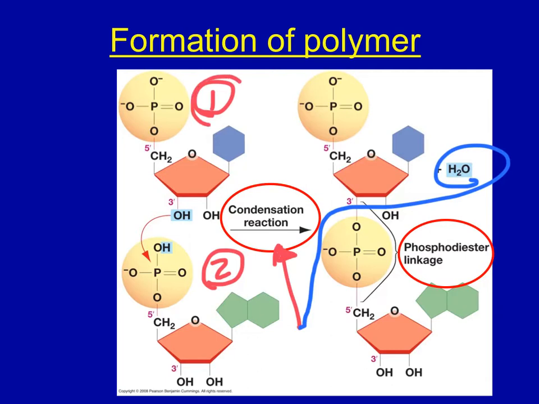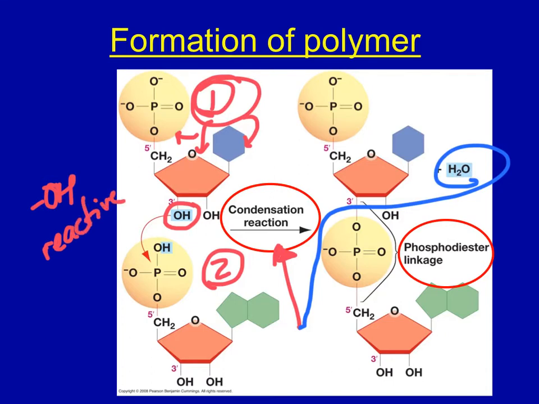So here's the first nucleotide. You see the base, the sugar, the phosphate, and on the 3' position you have a hydroxyl group. Hydroxyl groups are very important in biology, they're very reactive, meaning they like to make bonds.